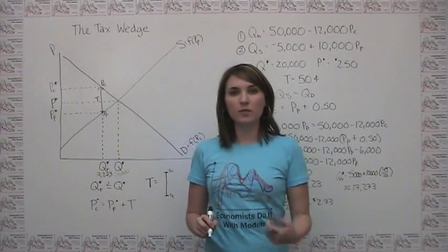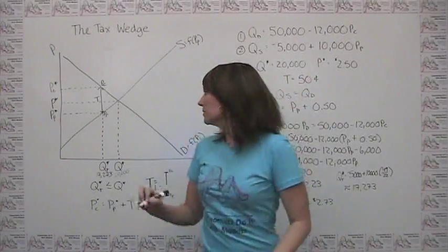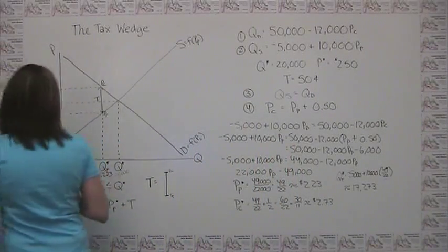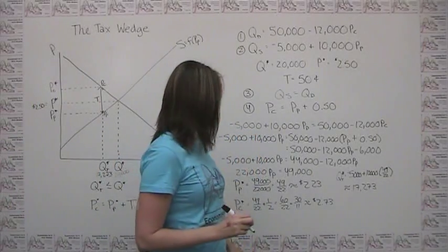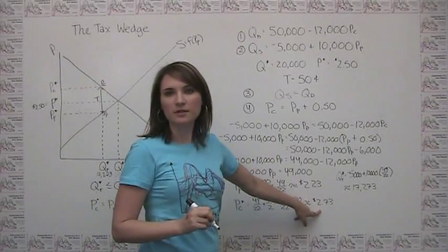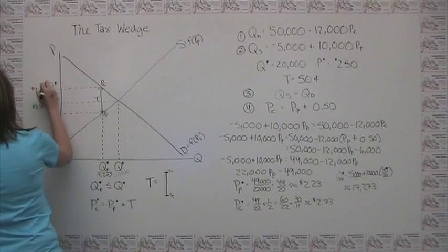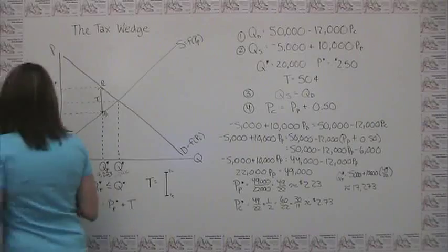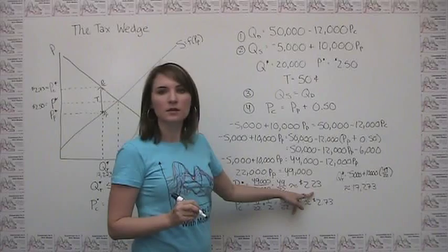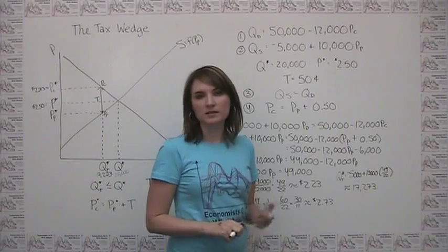Our original equilibrium price before the tax was put in place was $2.50, so that goes here. After the tax, our price to the consumer was approximately $2.73, so we can put that here. And lastly, the price to the producer after the tax is put in place is $2.23 approximately.